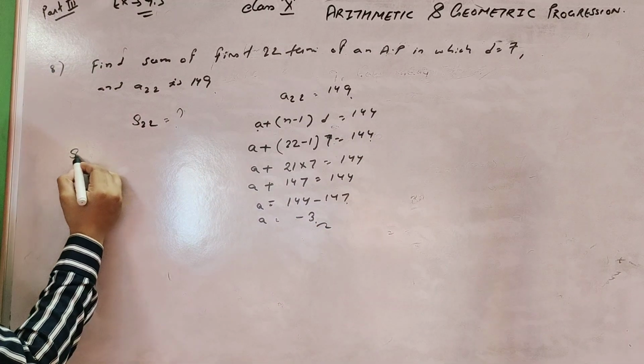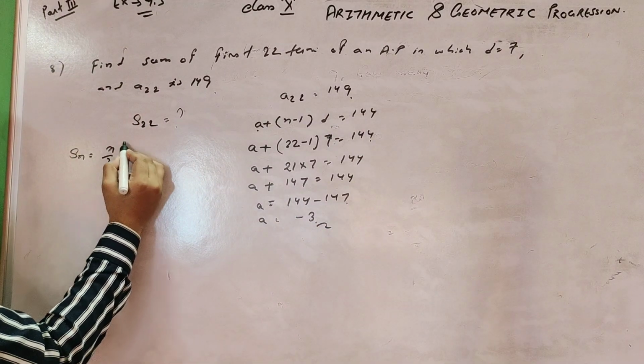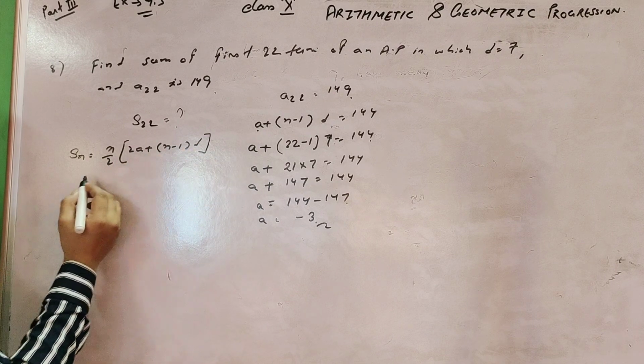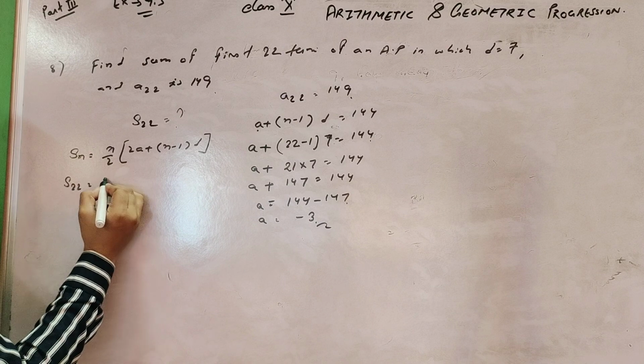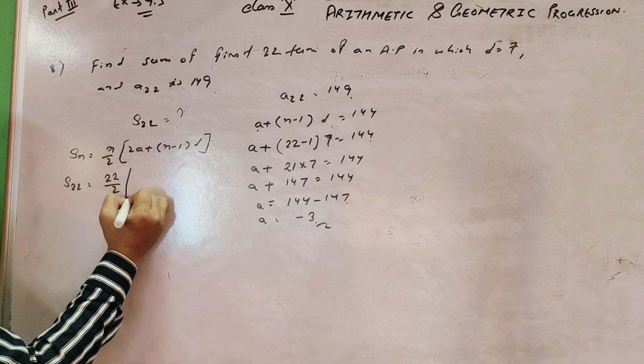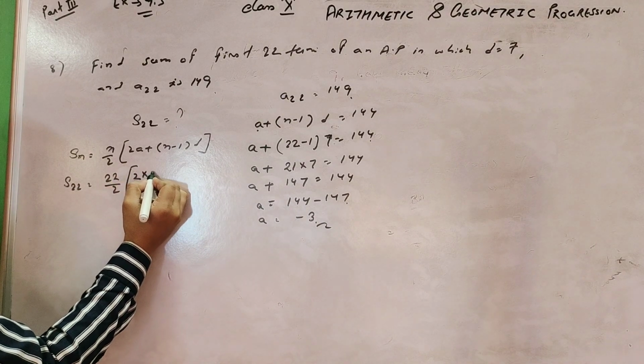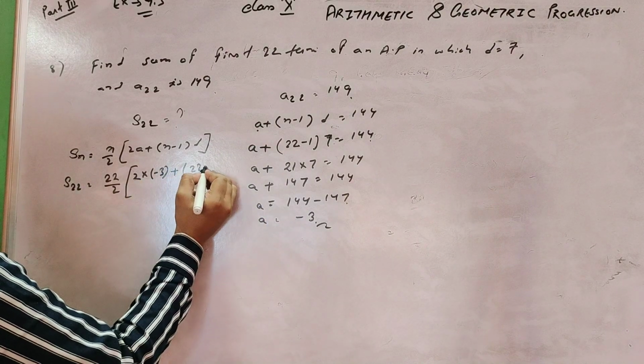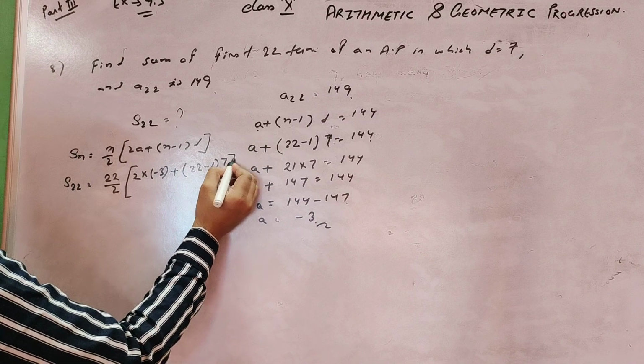Now S22. The Sn formula is n upon 2, 2a plus n minus 1 into d. So S22, n is 22 upon 2, 2 in place of a, 22 minus 1 and d is 7.